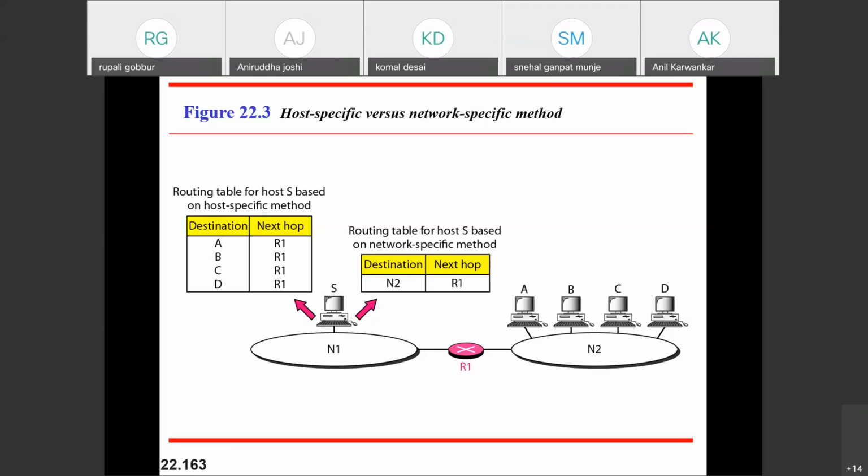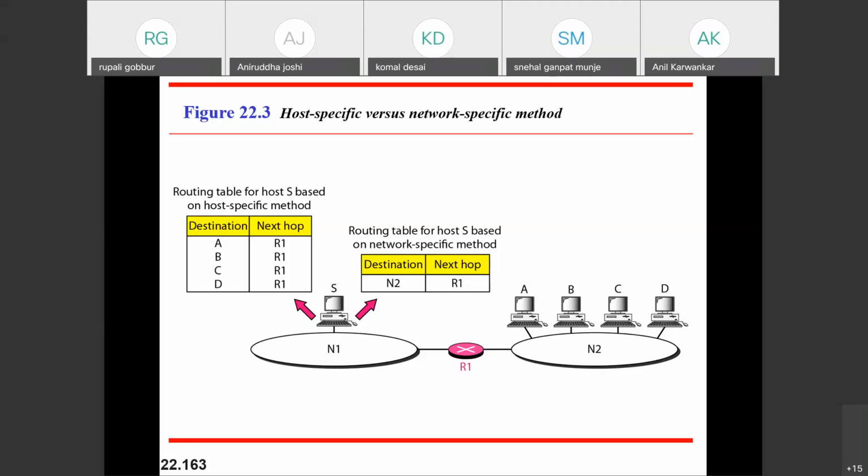For the hop based method, the packet will jump from N1 to N2. Then it's the responsibility of N2 to distribute the packets to the specified destination A, B, C, D. So it's not always necessary to maintain the physical path of all the devices of network 2 at network 1.